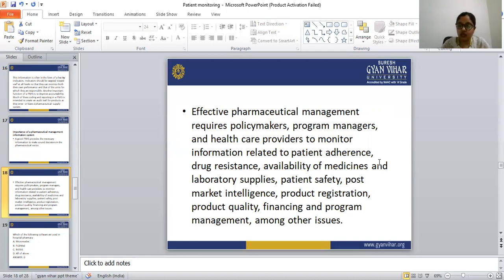ICU patients can be monitored by the healthcare providers with the help of the computer only. With the help of the computer, we can monitor all the vital signs of that ICU patient.